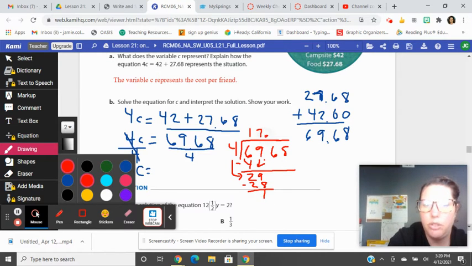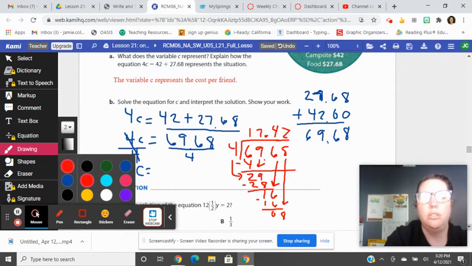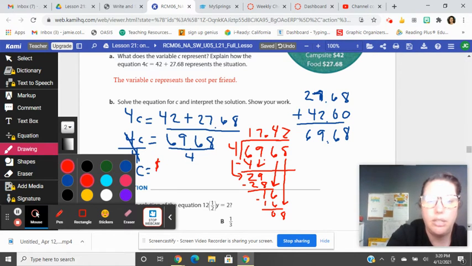Here's my decimal. I'm going to move it straight up, and I'm going to bring down my 6. 4 will go into 16 4 times with nothing left over. And then I have an 8. And 4 will go into 8 2 times with no remainder. So C, the cost for each camper, each friend, is going to be $17.42.